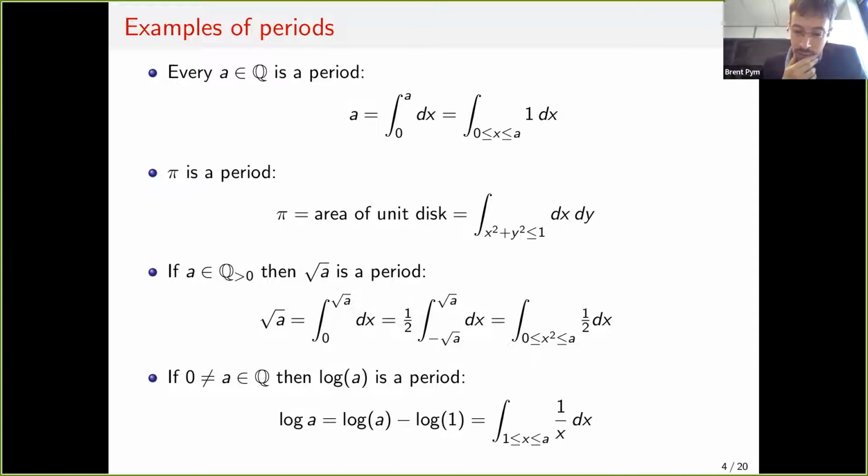And well, that expression we recognize. The fundamental theorem of calculus tells us that this is the integral, x goes from 1 to a of 1 over x dx. So log of a is expressed as the integral of a rational function over a domain defined by polynomial inequality.